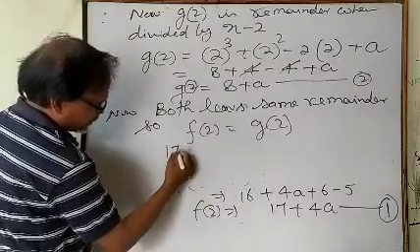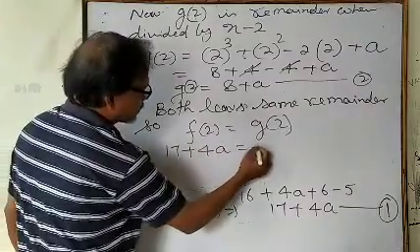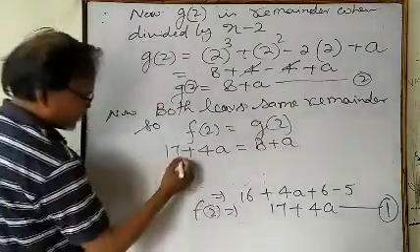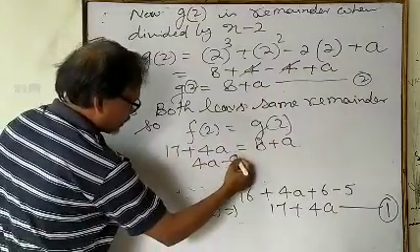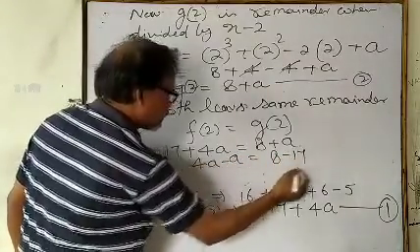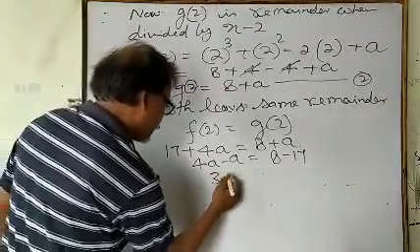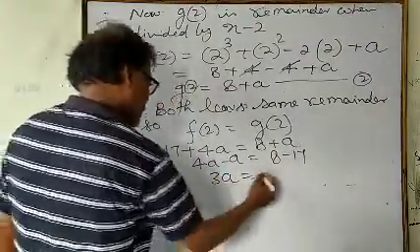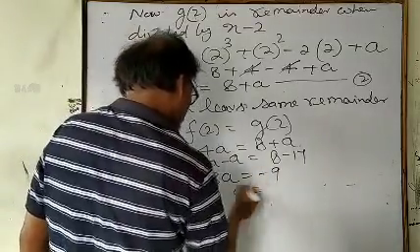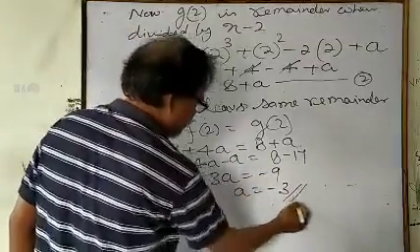So 17 plus 4a is equal to 8 plus a. 4a minus a is equal to 8 minus 17, and 3a is equal to minus 9. So a is equal to minus 3. This is the value of a.